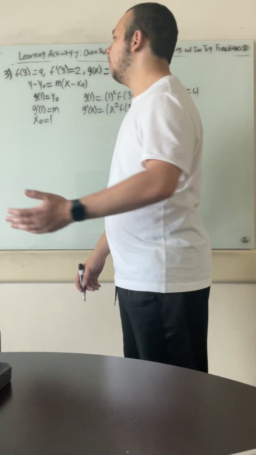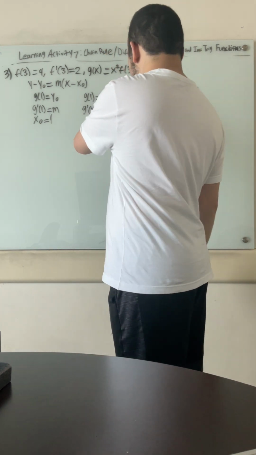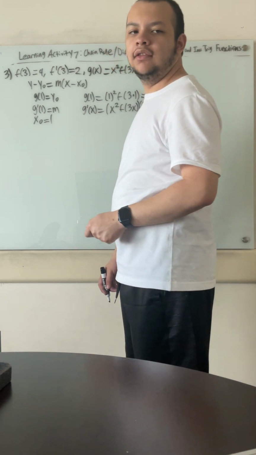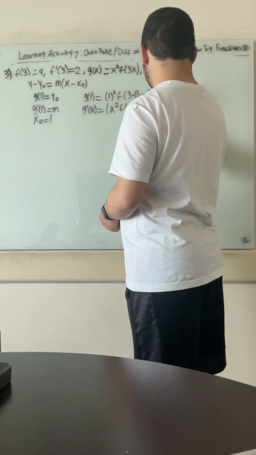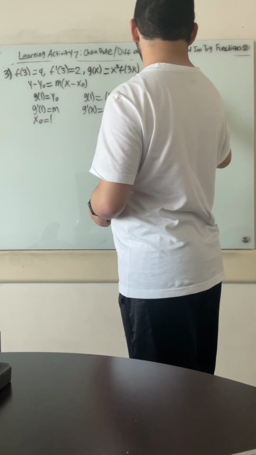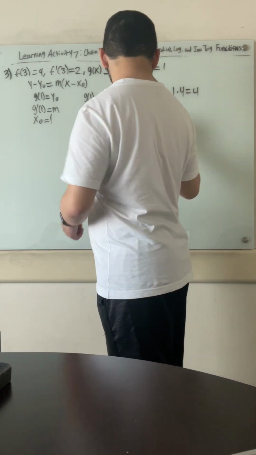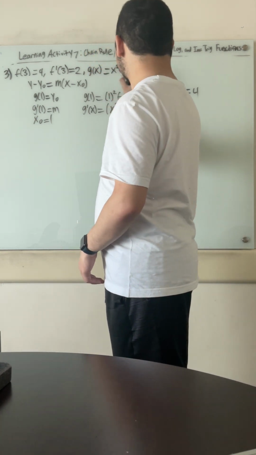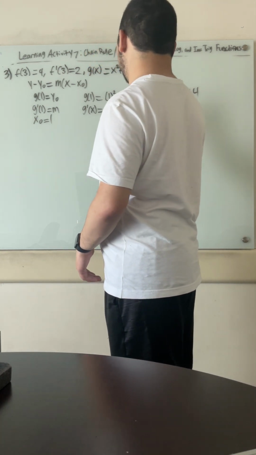So right from the back we can tell that this right here is a product rule. So we apply the product rule of derivatives. I'm going to write it here at the bottom. I was going to write here, but there's not enough space. So we're going to take the derivative of x squared times f of 3x.